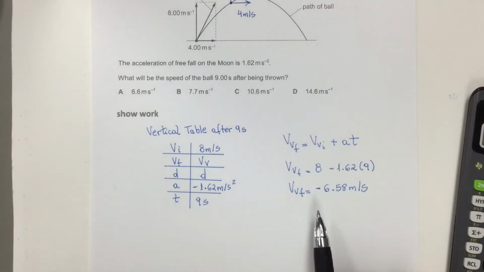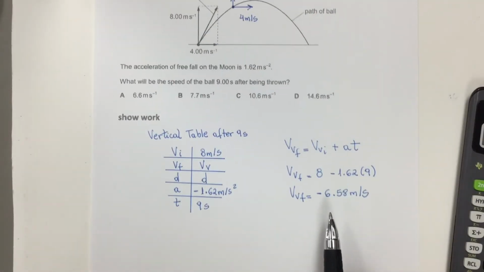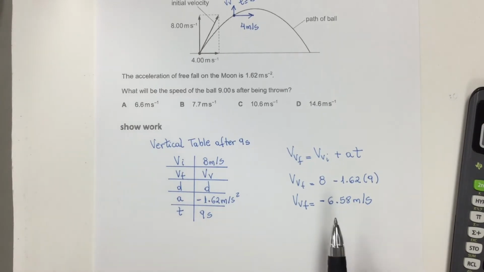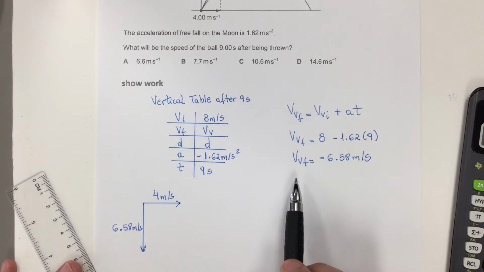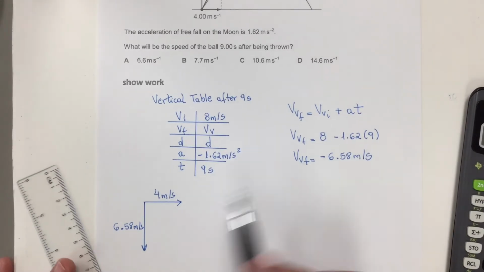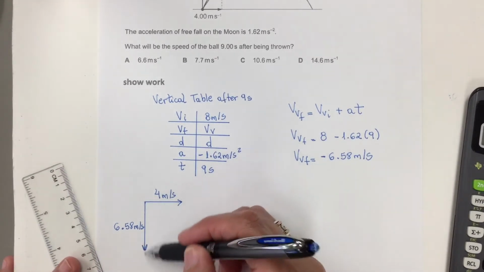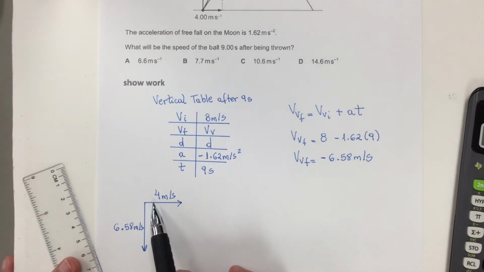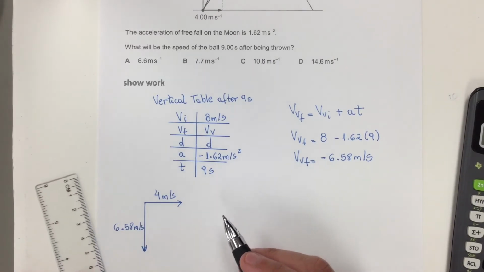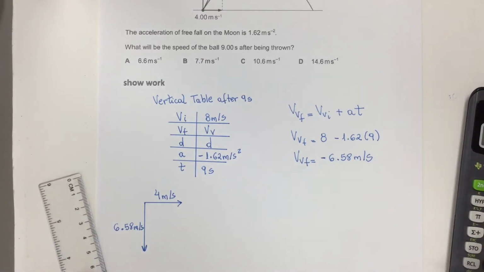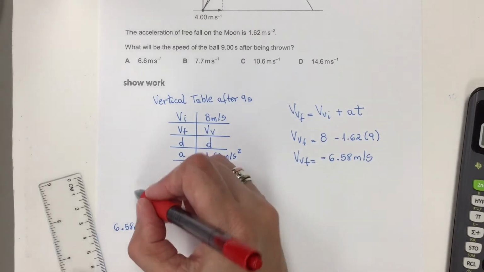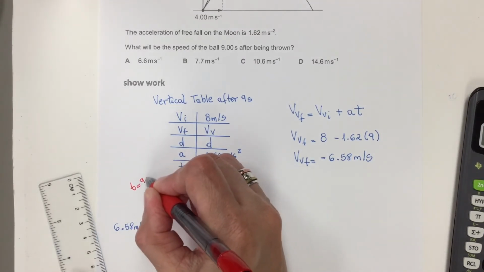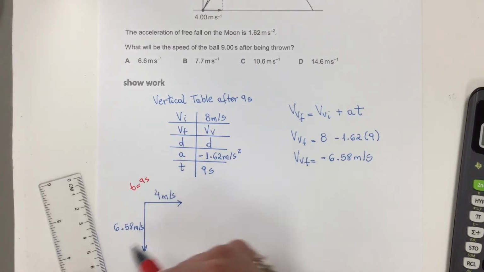This negative indicates that this vector is not up, it's down. So this vertical velocity is negative, so this vector is down, and the horizontal is all the time in the same direction. So I'm going to calculate my velocity at 9 seconds when I have these values.